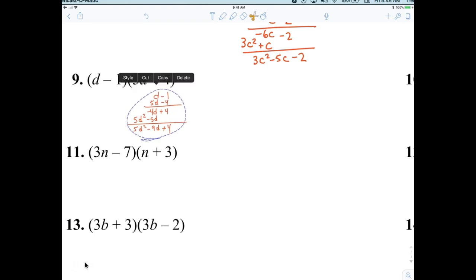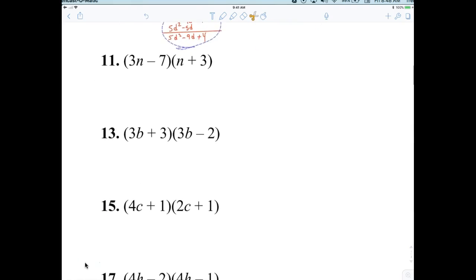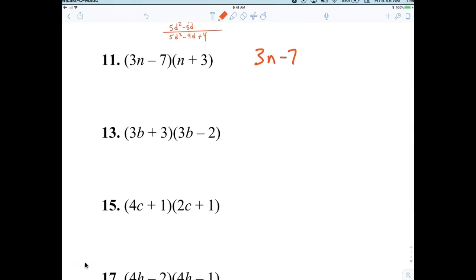So now please take 30 seconds to do number 11. If you get number 11 right, you're in pretty good shape. So for number 11, 3n minus 7, n plus 3. 3 times -7, -21. 3 times 3n, positive 9n.